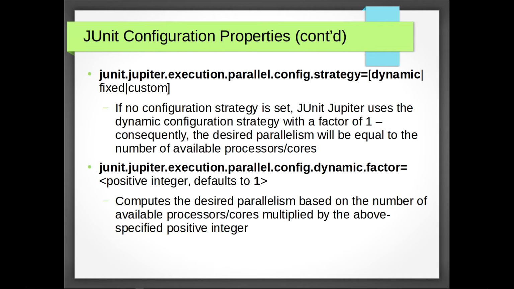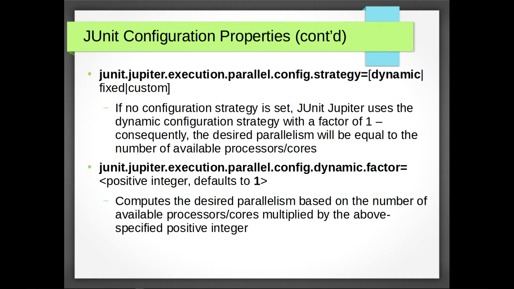There is also something that allows us to define the strategy for parallelism by using the following configuration property: junit.jupiter.execution.parallel.config.strategy equals either dynamic, which is default, fixed, or custom. So if no configuration strategy is set, JUnit Jupiter uses the dynamic configuration strategy with a factor of 1.